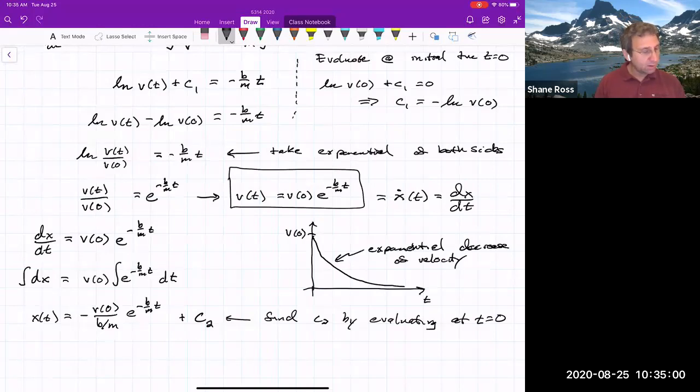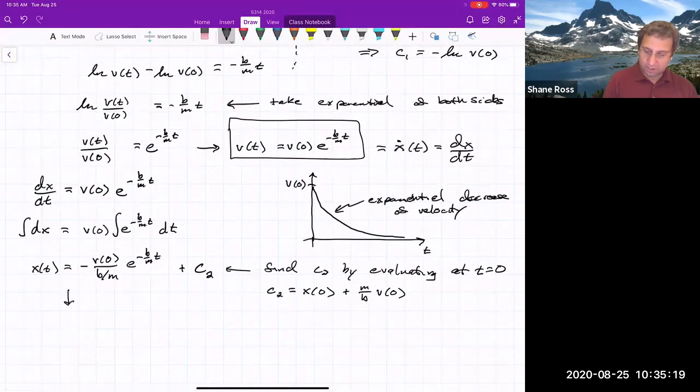And what do we find? This will give us C2 equals the initial position plus m over b v0.